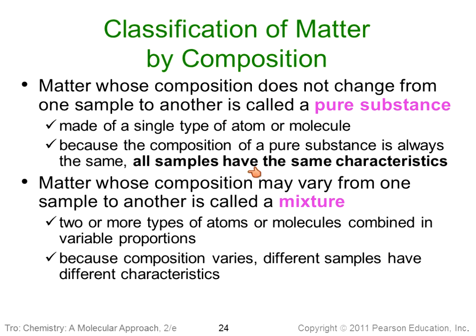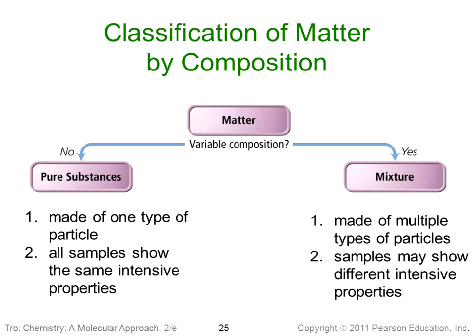So here's further definitions for the pure substance versus a mixture. Here's the breakdown of matter once again between a pure substance and a mixture. You can read the properties here.